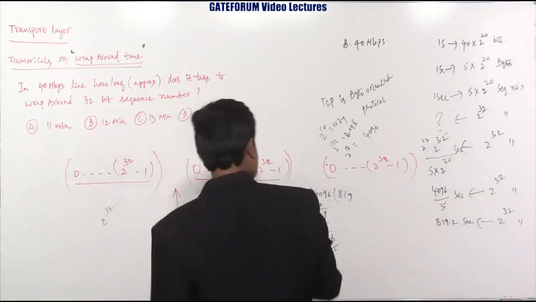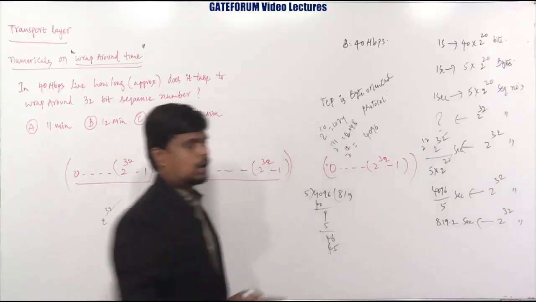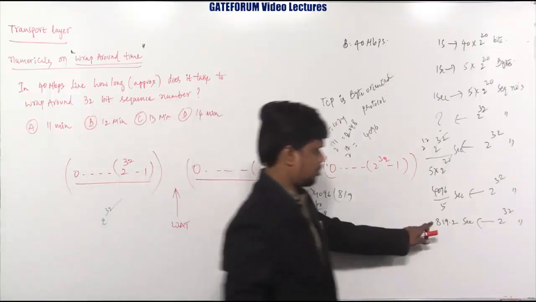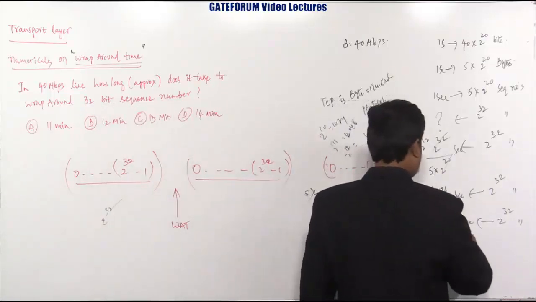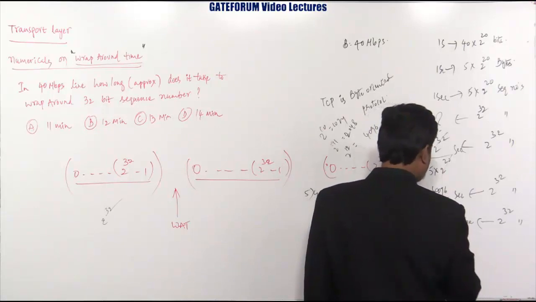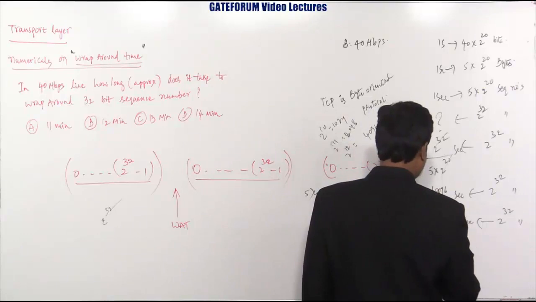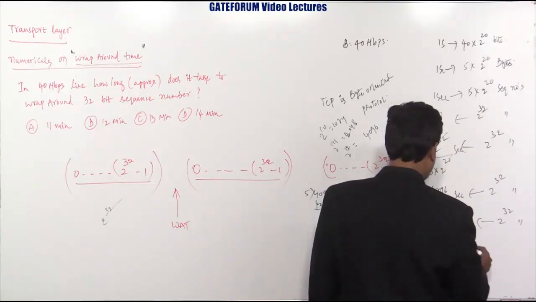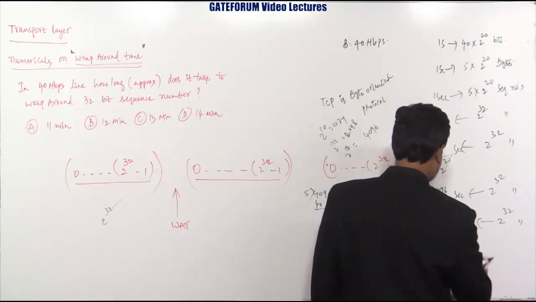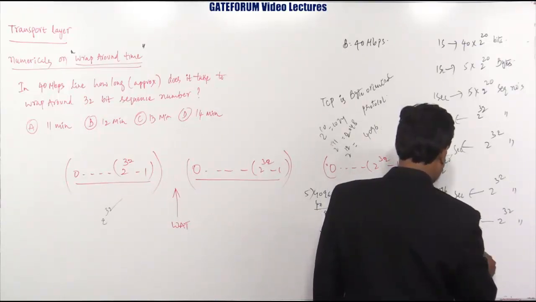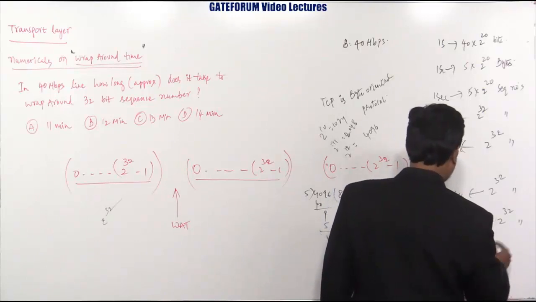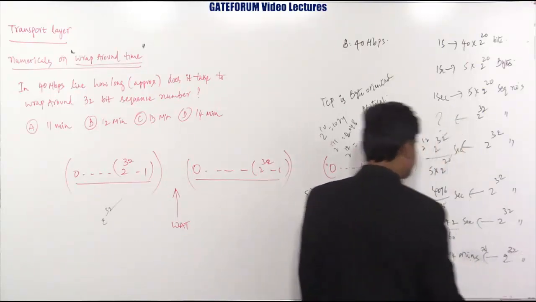But it is in seconds, and the options are in terms of minutes. 1 minute is equal to 60 seconds. So if I want to convert this into minutes, simply divide 819.2 by 60. Then it comes to almost 14 minutes. 14 minutes approximately is required to generate 2 power 32 sequence numbers.